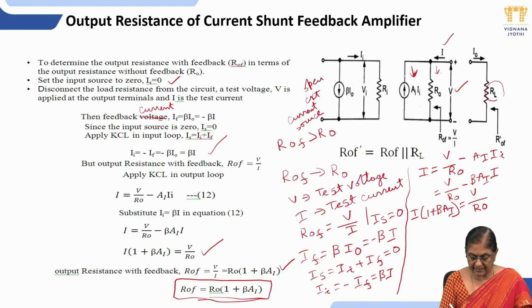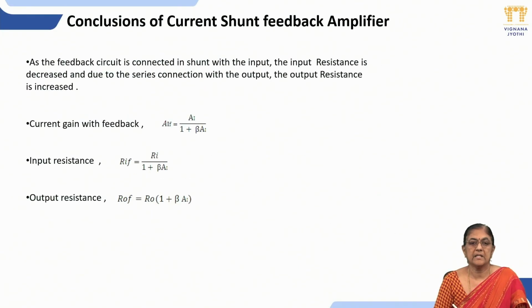So why does output resistance increase in current shunt feedback amplifier? Because current sampler is used at the output terminals of the basic amplifier. In current sampler, input terminals of the feedback network are connected in series to output terminals of the basic amplifier. Therefore output resistance increases compared to without feedback.